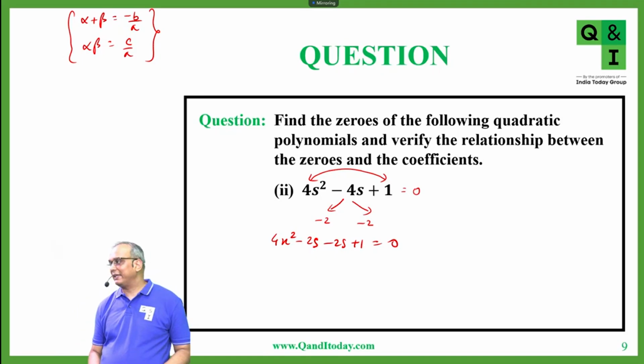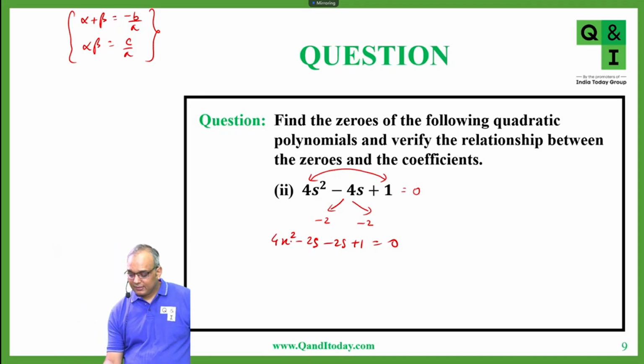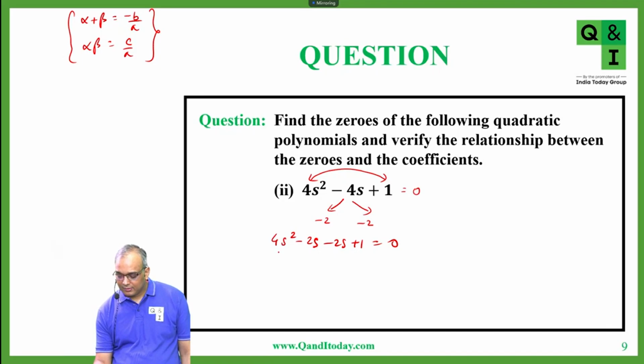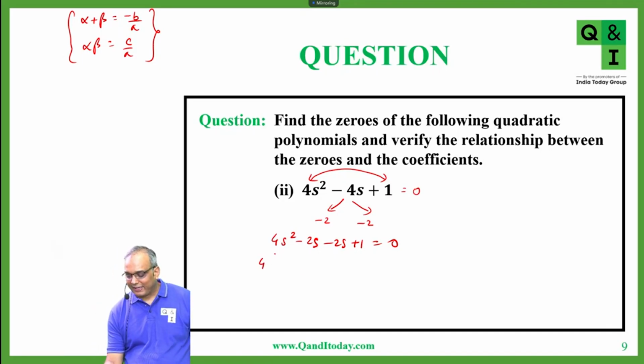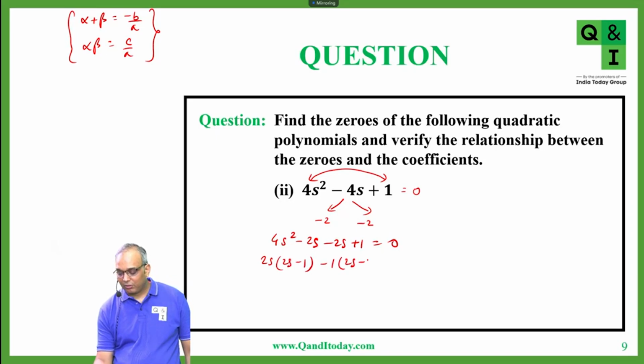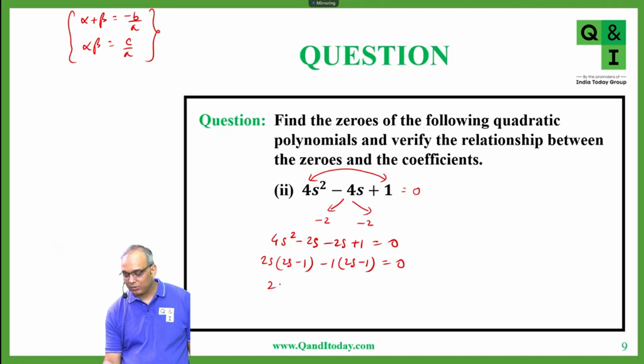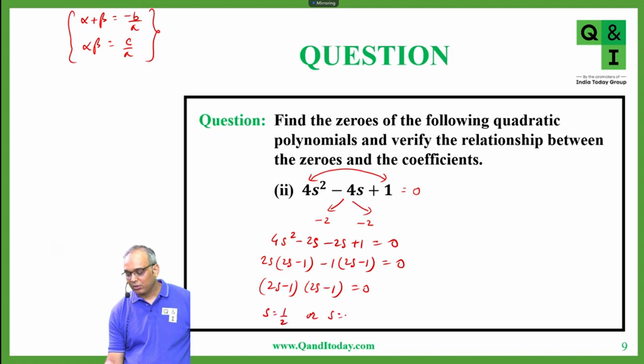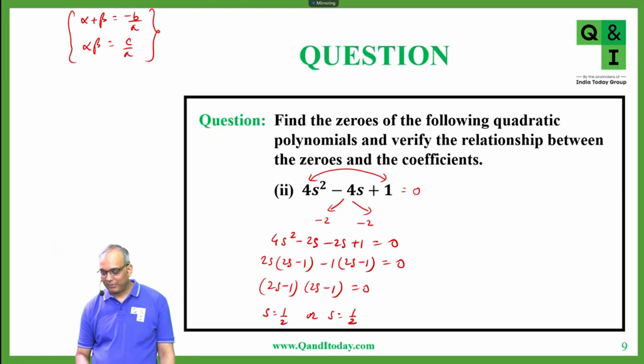Now please verify these two relations. If you factorize this, we have 2s common, so you will have 2s minus 1. Minus 1 common, we have 2s minus 1. So 2s minus 1 into 2s minus 1 is 0. Equating this, you will get s is equal to 1 by 2 or s is equal to 1 by 2. Right? So we have real and equal roots here.